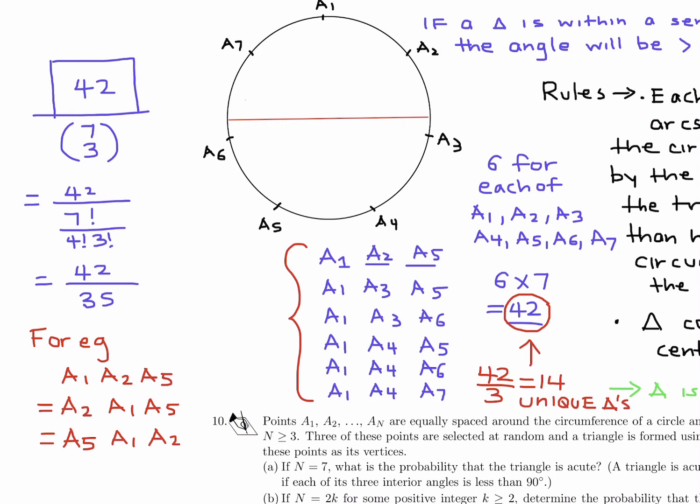It counts each triangle 3 times. All right, so that's why this was not working. You don't put 42 in the numerator, you put 14. All right, so 14 over 35 is our answer. Of course, we're going to reduce that to lowest terms, divide top and bottom by 7, and you'll get 2 over 5. And that is the answer to number 10A.